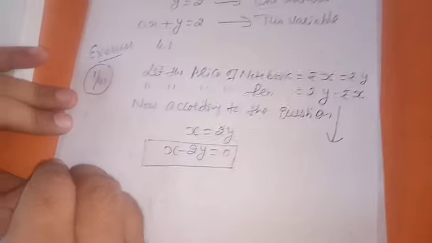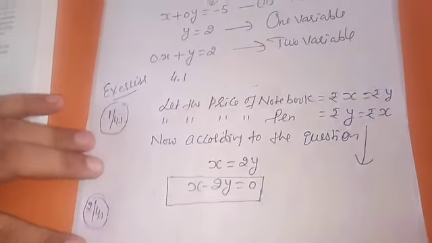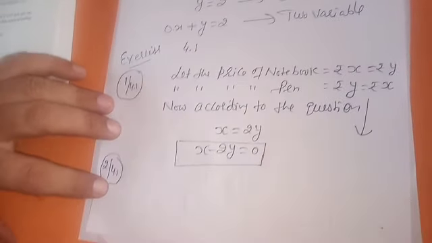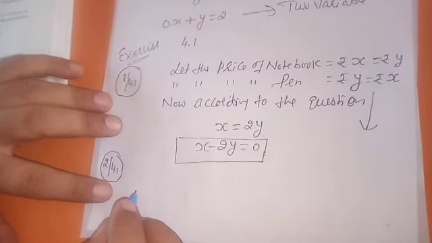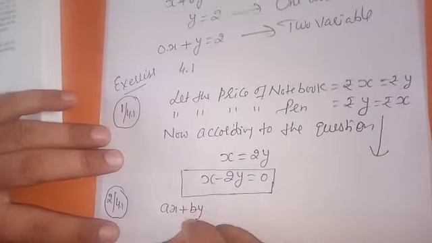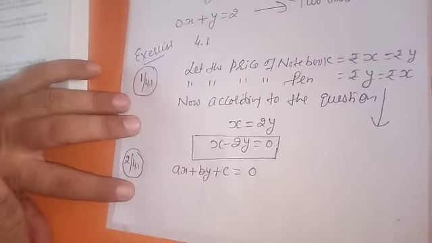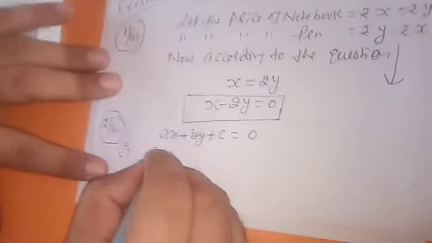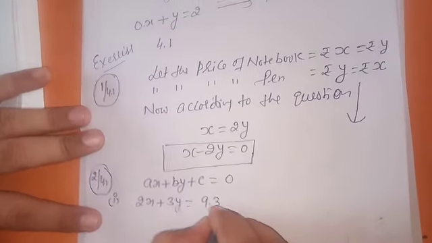Now question number 2, exercise 4.1: express the following linear equations in the form given in your example. The standard form of a linear equation in two variables is ax plus by plus c is equal to 0. The first part given is 2x plus 3y is equal to 9.35 bar.